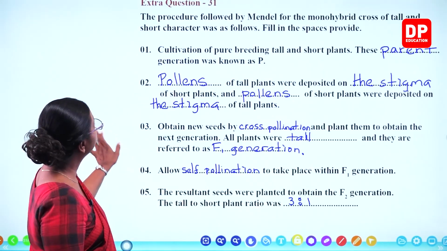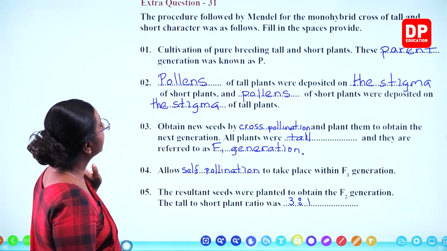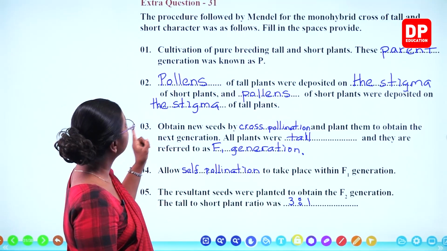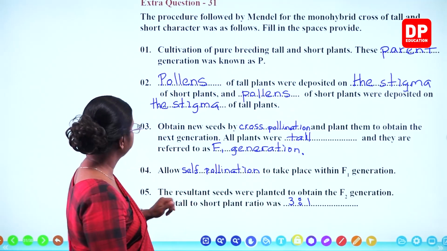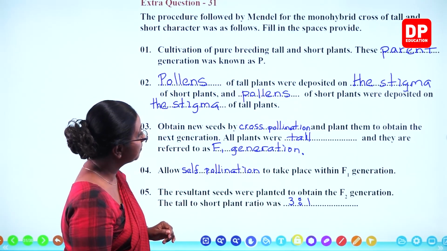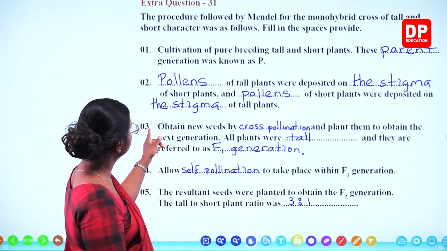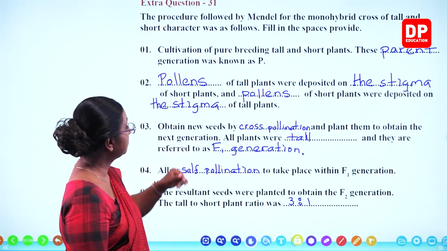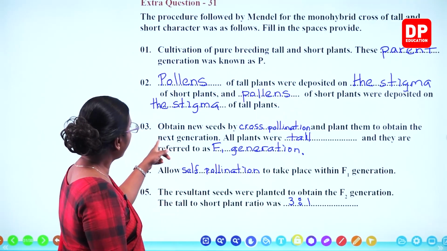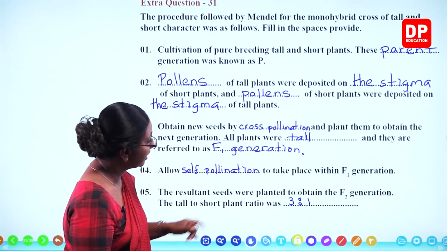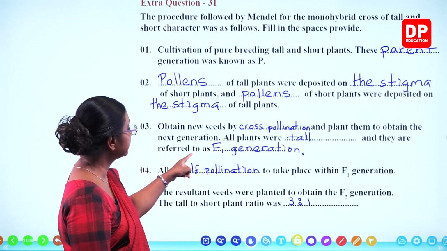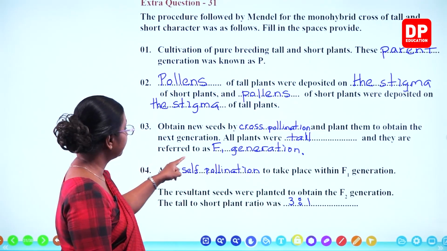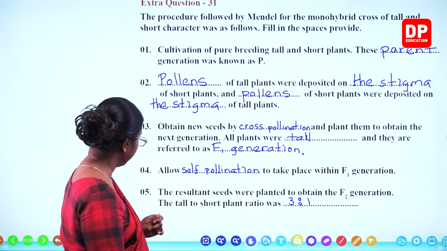So here if we quickly read the procedure: cultivation of pure breeding tall and short plants, these parent generation was known as P. Pollens of tall plants were deposited on the stigma of the short plants and pollens of short plants were deposited on the stigma of tall plants. Obtain new seeds by cross-pollination and plant them to obtain the next generation. All plants were tall and they are referred to as F1 generation.